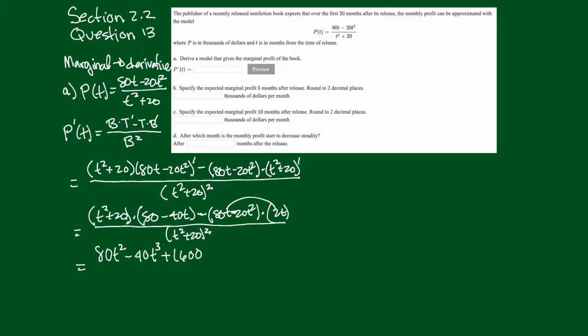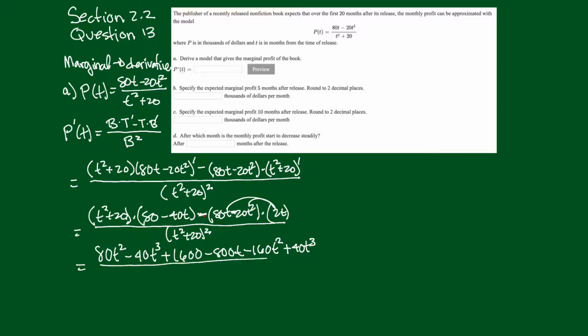And the last and the last is minus 800t. Then 2t times 80t is 160t squared, but I've got a minus out here, so it's minus 160t squared. And 2t times negative 20t squared is negative 40t cubed, but I've got that minus here, so minus minus is plus 40t cubed.